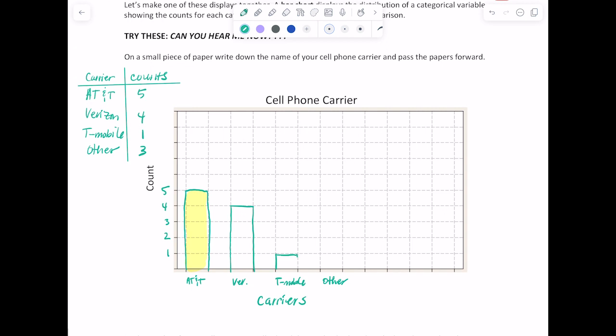T-Mobile's 1, and other is 3. So what are some things that you can tell by looking at this display now? I can see that most people have AT&T, and the minority have T-Mobile.